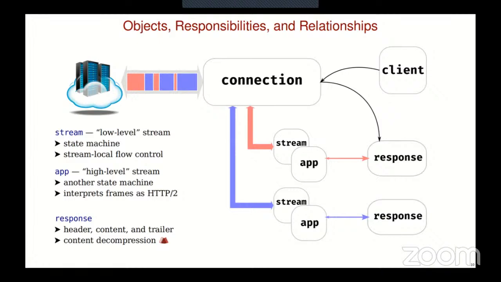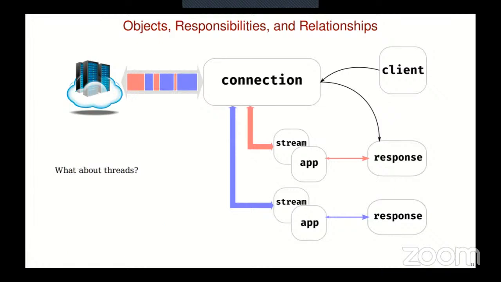So there's the high level that actually cares a bit about the HTTP2 protocol per se. And then finally, that object forwards data through events and ports to the response object that is mostly a container, but also does some things like handle content decompression.